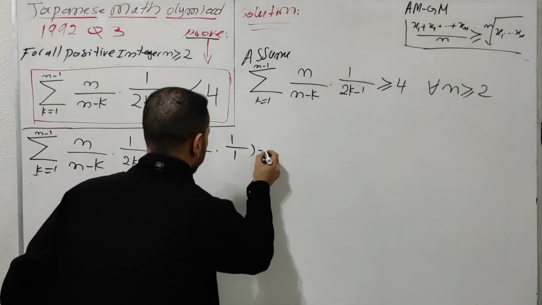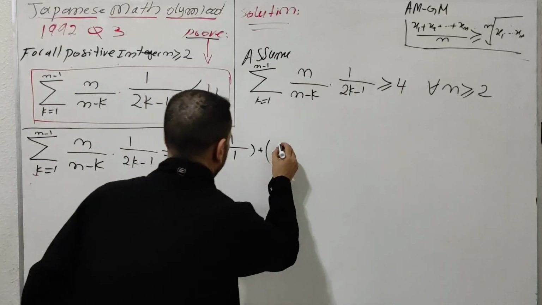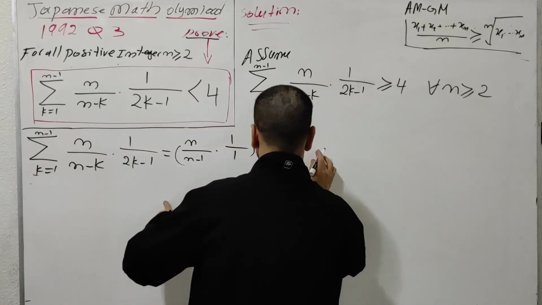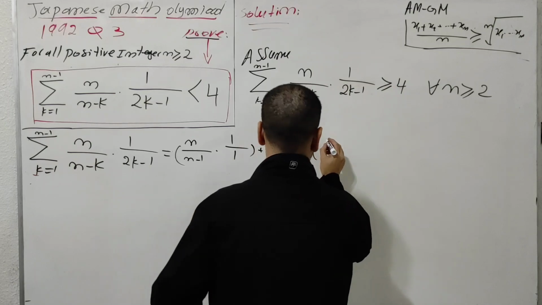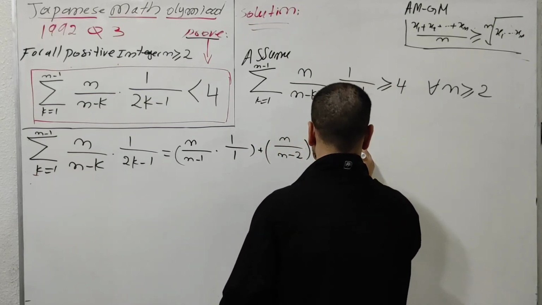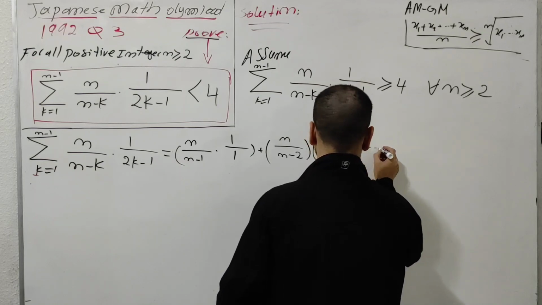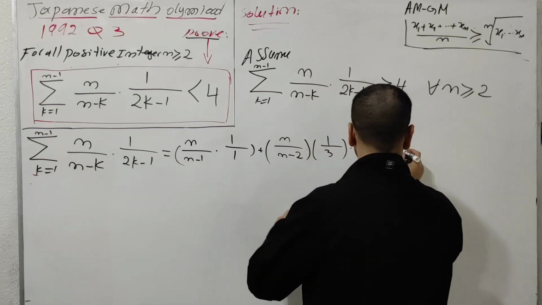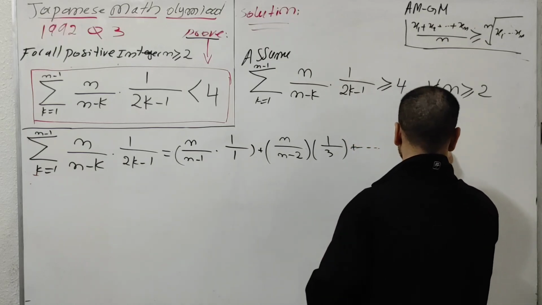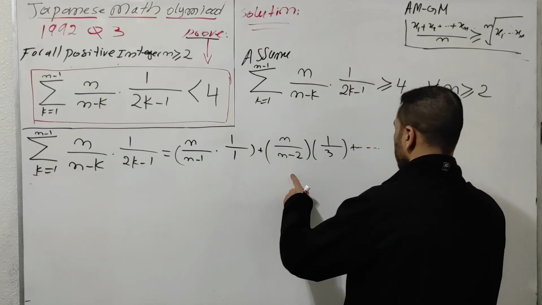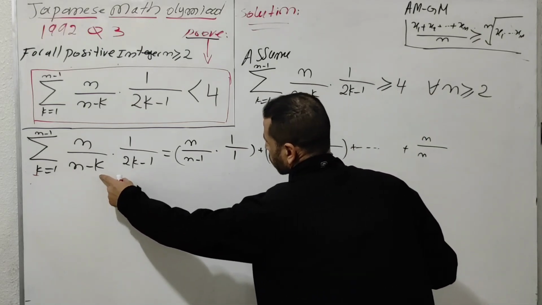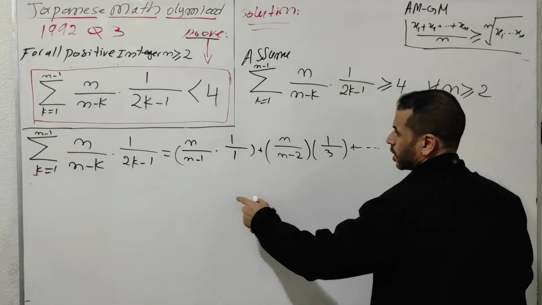For the second term I get n over n minus 2 multiplied by 1 over 3, and all the way down to n over n, replacing k with n minus 1.